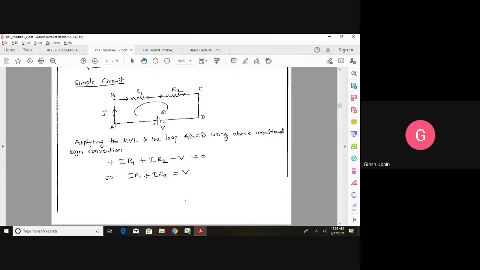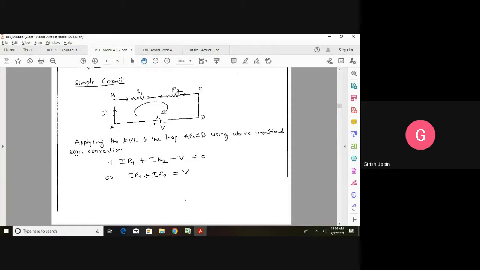So you start from A here, you come across the resistor, so I will have a voltage drop. The direction of tracing is like this, and the current direction is also like that. So I take this voltage drop as plus I into R1. Then we go to the next resistor. The direction of the current and the direction of the tracing are both the same, so I will take the voltage drop as plus I into R2.